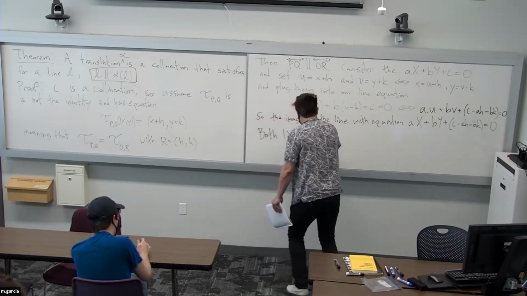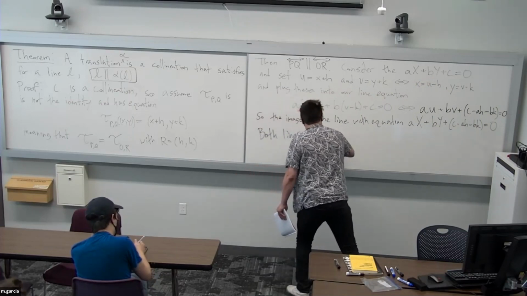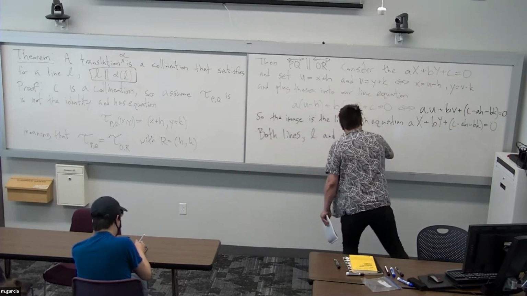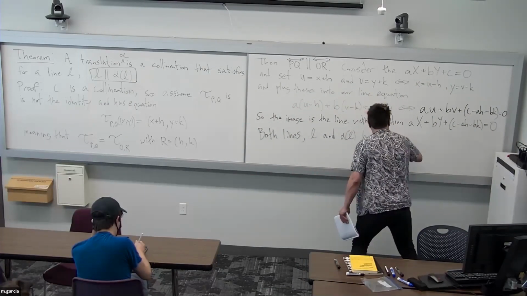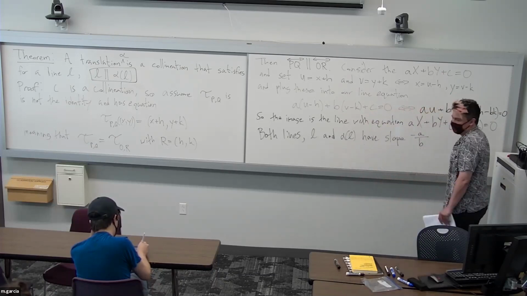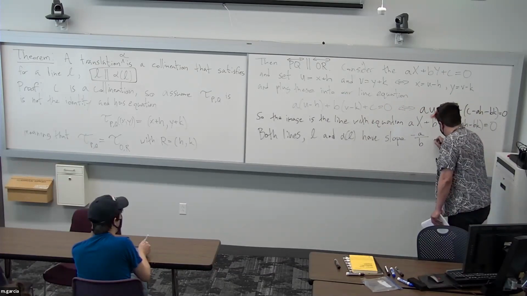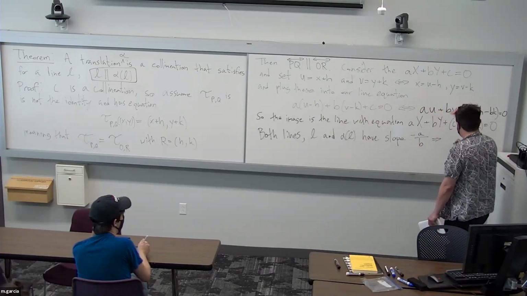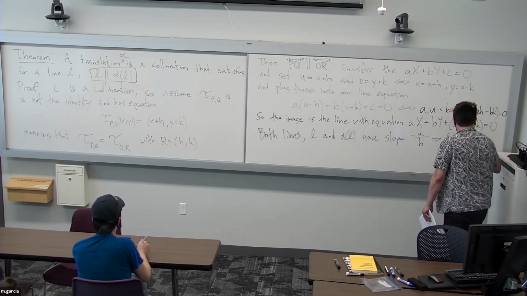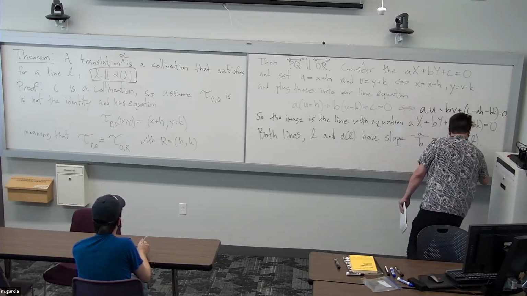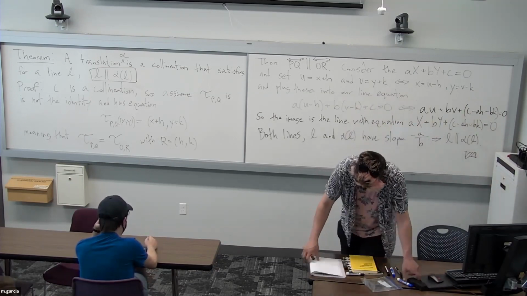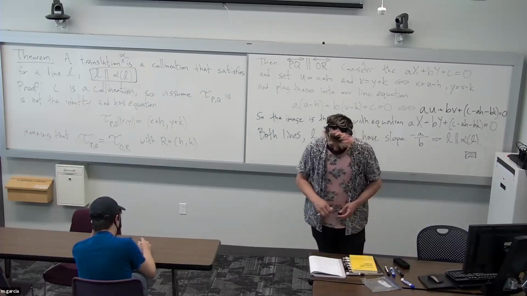Both lines, by which I mean L and alpha of L, have slope negative a divided by b. This implies that they're parallel.